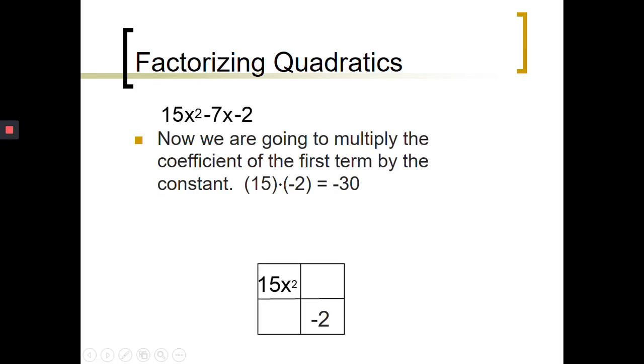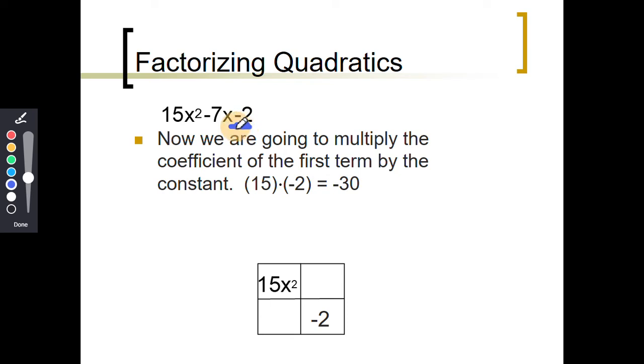Alright. The first step we are going to take in identifying the two terms that we need to write in our two boxes is we are going to take this number that comes before x squared and multiply it with this number that does not have an x.